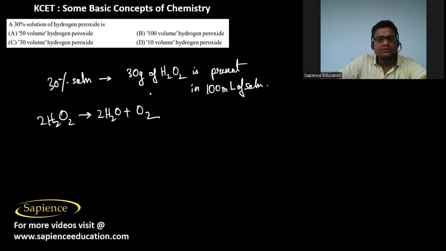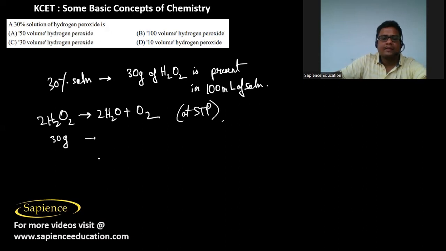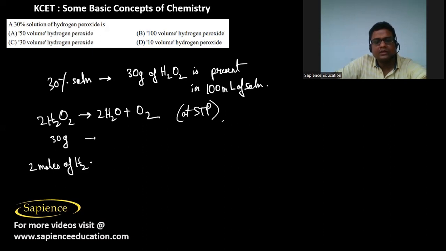If I have 30 gram of H2O2, how many liters of oxygen will it give at STP, that we have to find out. So 2 moles of hydrogen peroxide will give 1 mole of O2 gas at STP.